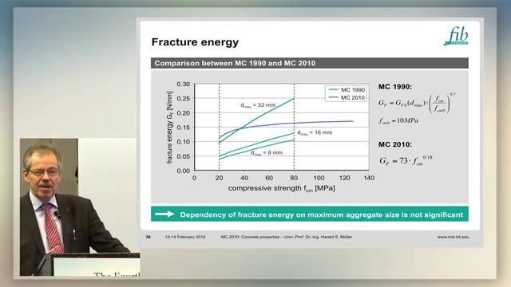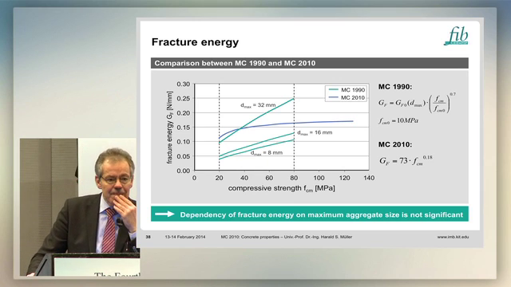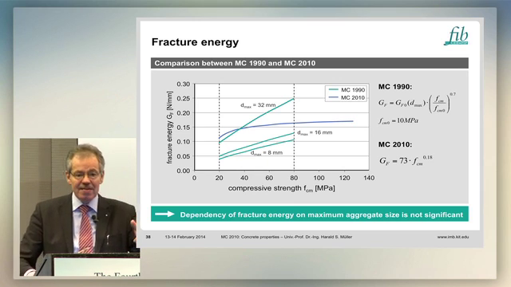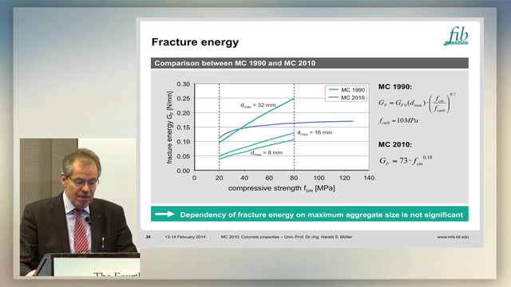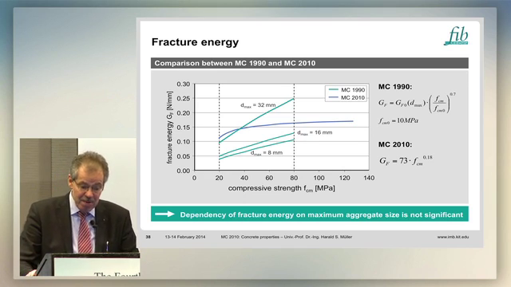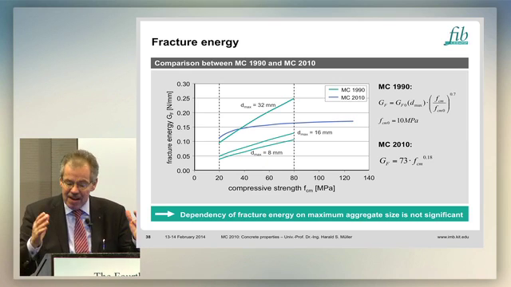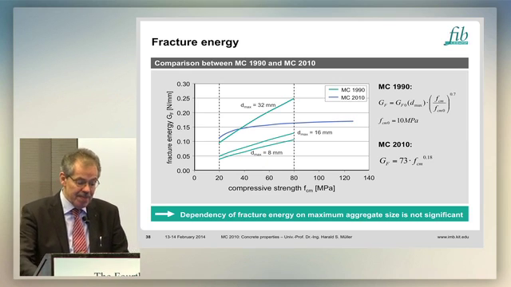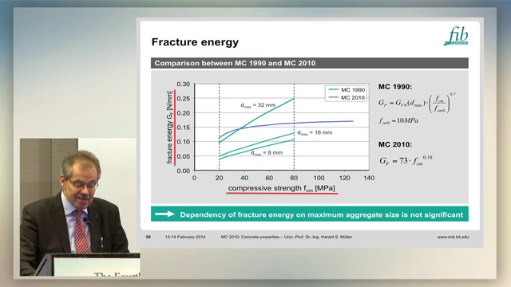Also, fracture energy is an important parameter, in particular if you do finite element calculations. In normal cases, you need to give an input value for this fracture energy because it determines the strain capacity of your calculations if cracking occurs. In this diagram, there is plotted the fracture energy over the compressive strength.